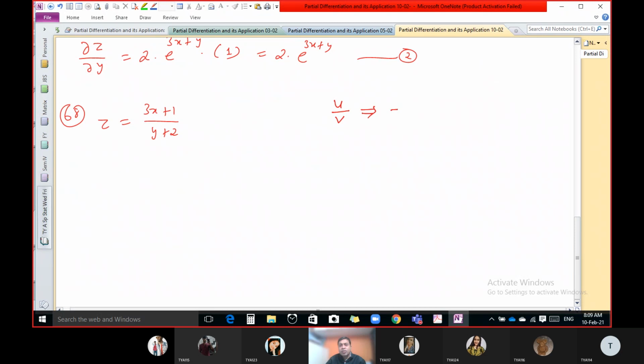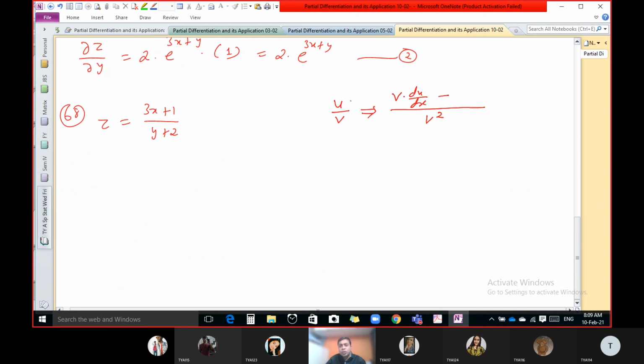In derivative, if division is there, first of all, whatever is in the denominator, we have to write the square of that in the denominator. That means v square. Then in the numerator, we have to write once again v, that means the denominator, and we have to find the derivative of u with respect to x. Then a minus sign.